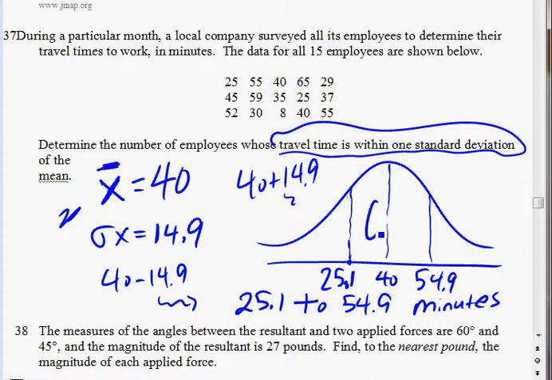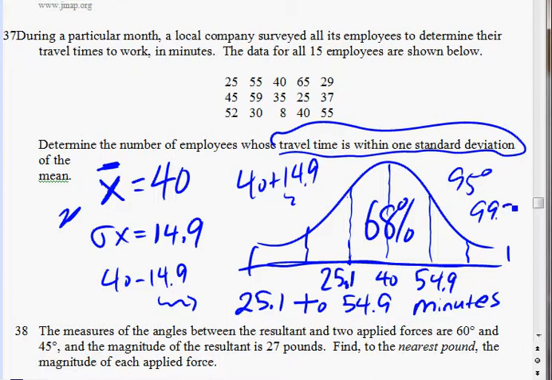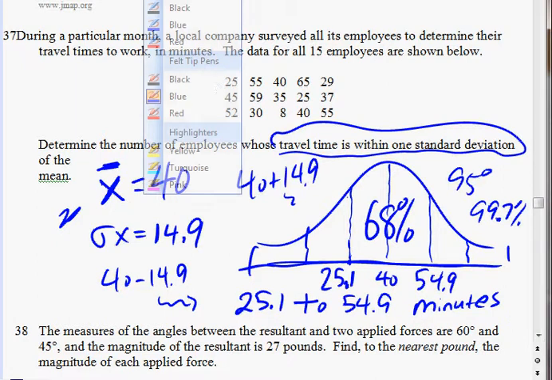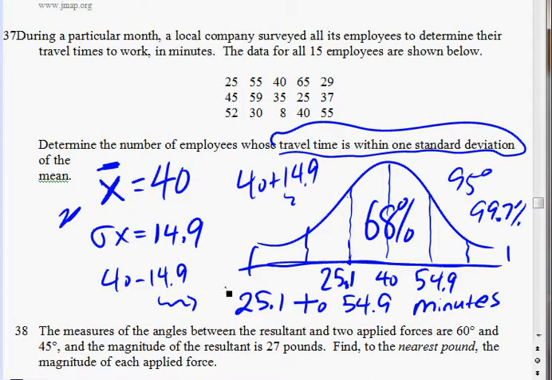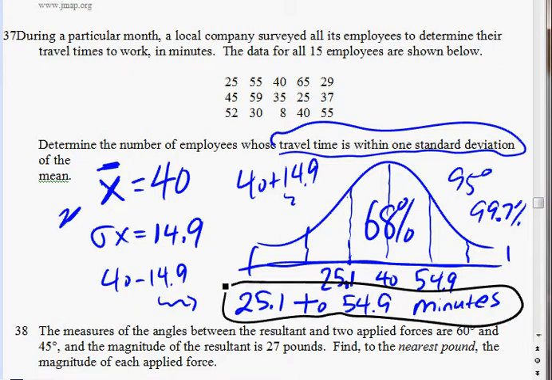Within two standard deviations, something around 95%, and within three standard deviations, around 99.7%, something very close to that, if they were to ask you the percentage. But this question didn't ask for that. It just asked what the travel time is, and this is the answer over here.